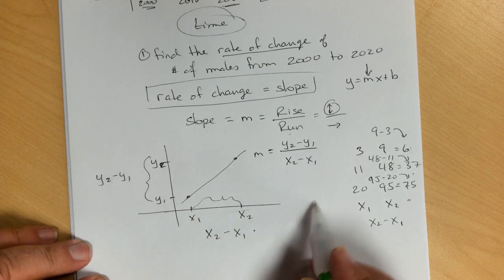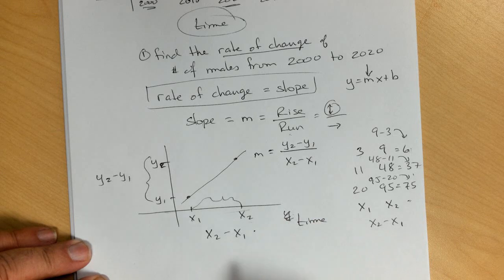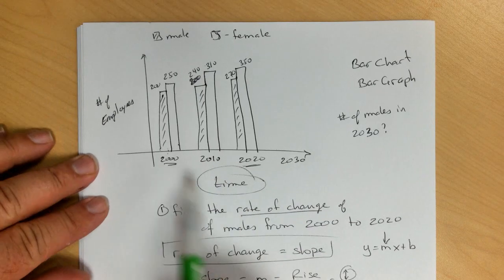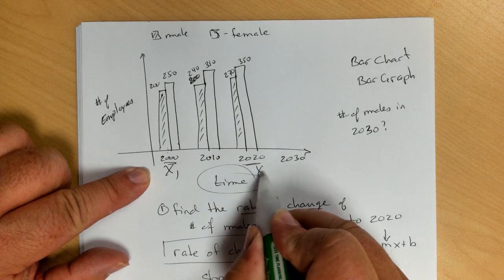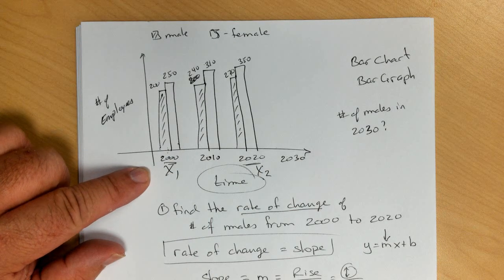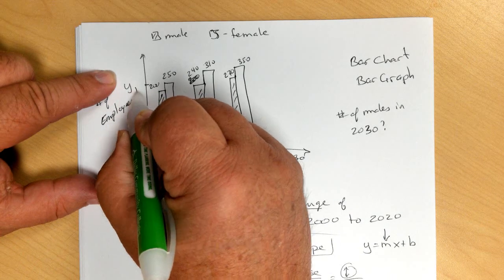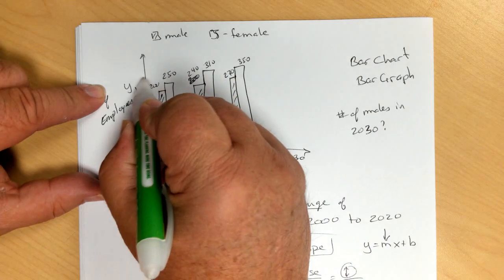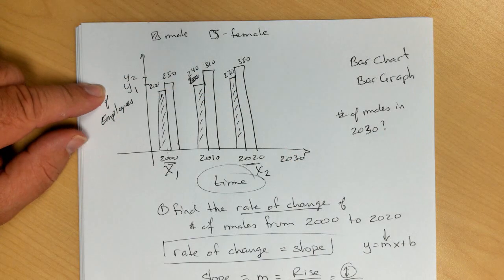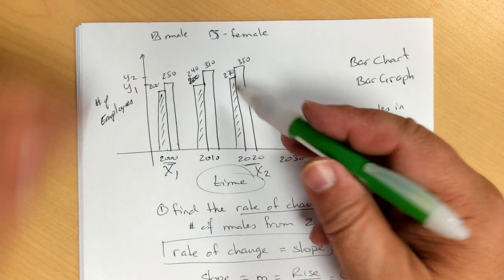Well, remember, the horizontal are the years. This is the time. Right here, this is x1, this is x2. Number 200 is y1. 270 is y2. So how far it goes up, that's my y values.